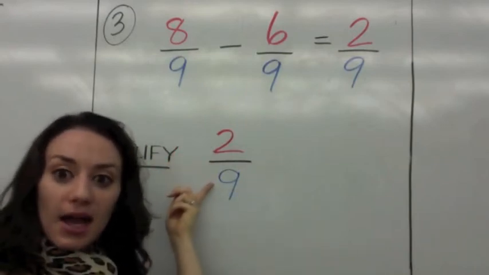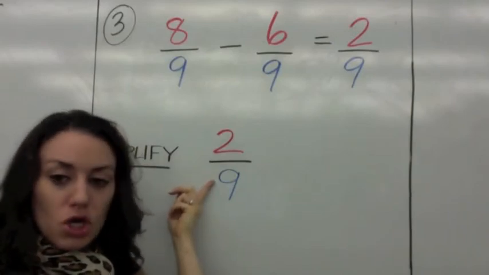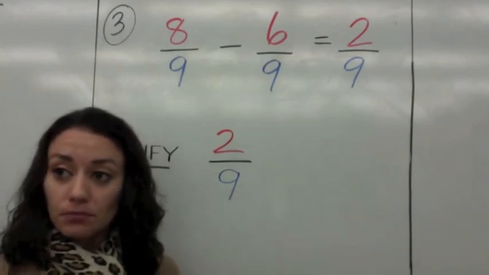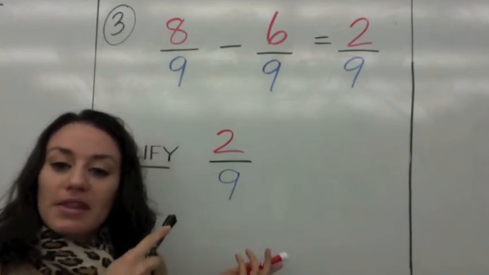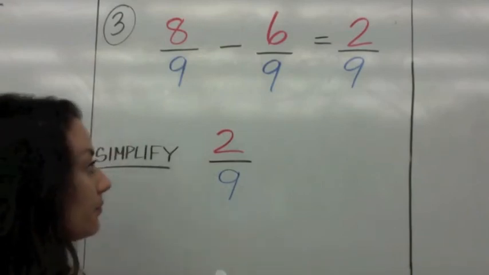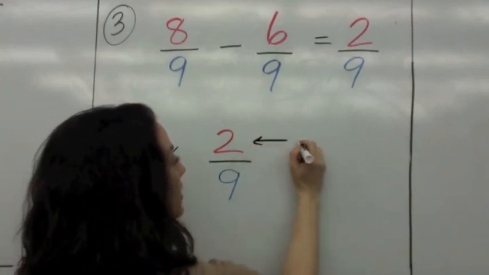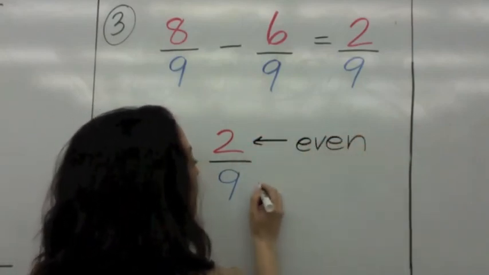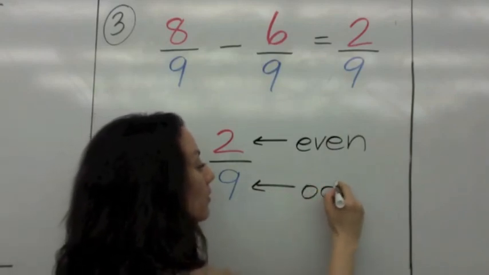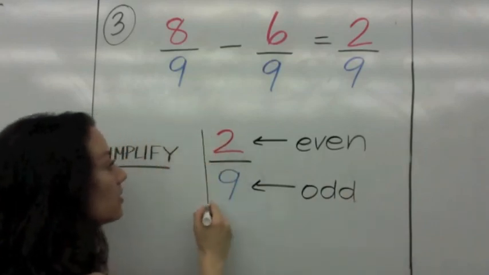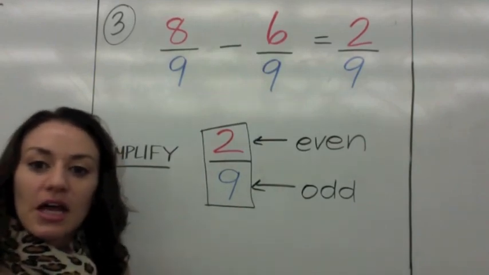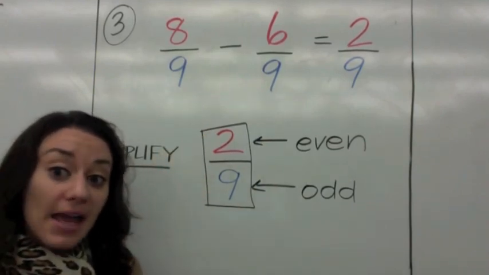Yes. Is 9 even? No. So you can't divide by 2. The reason this is already in simplest terms is because the numerator is even, but the denominator is odd. So it is already simplified because you cannot divide the numerator and the denominator by the same number.